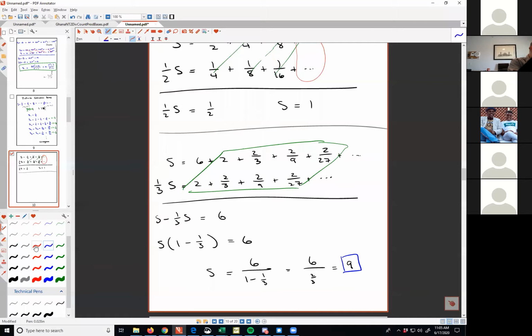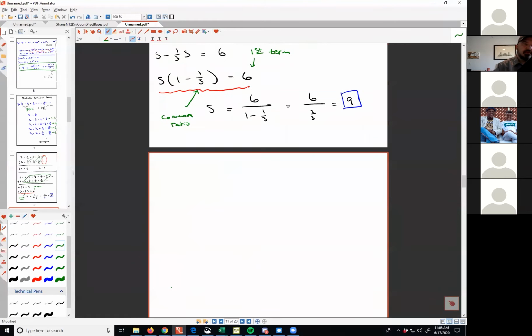So I did this partially this way so that you could all see this right here. Because when we work this generally, it's going to look exactly like this, except that we're going to have variables that name the first term and the common ratio. And we can see the first term right here, and we can see the common ratio right there.